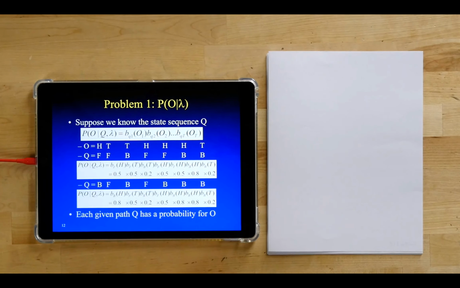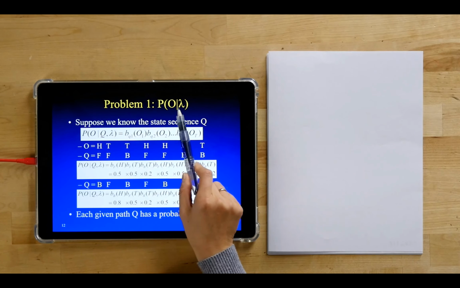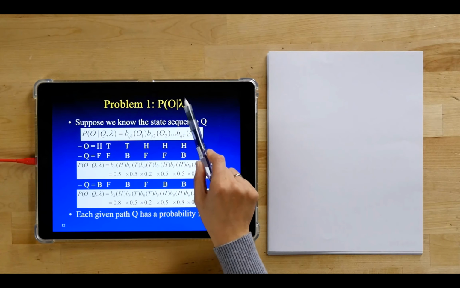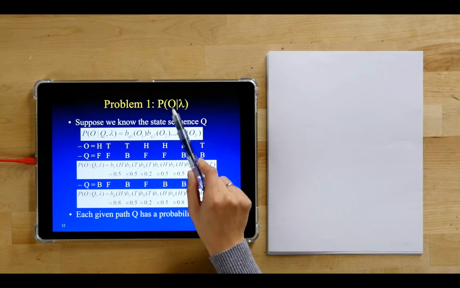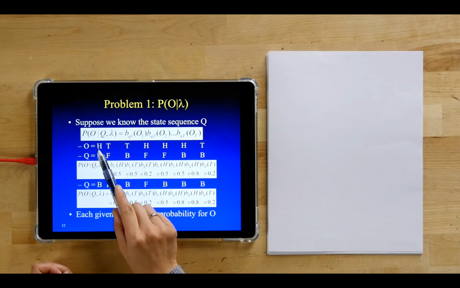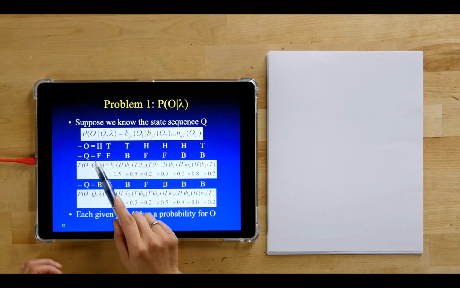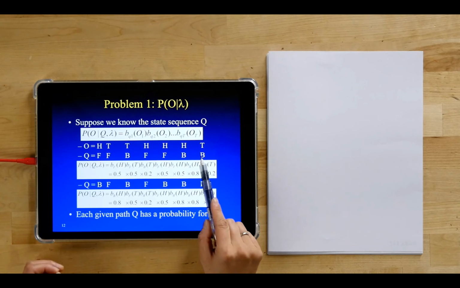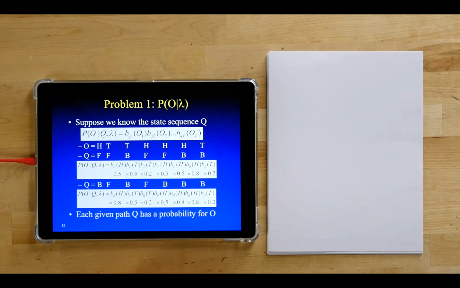So let's explain that. This first problem is we know the hidden Markov model parameters. We also want to ask what is the probability of seeing these coin flips. So this is a string of coin flips. Supposedly we say, okay, if we know the coins that are used to flip these coins, what is that probability? That's easier.